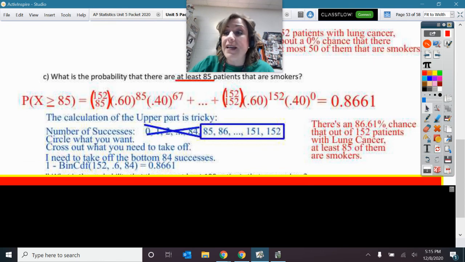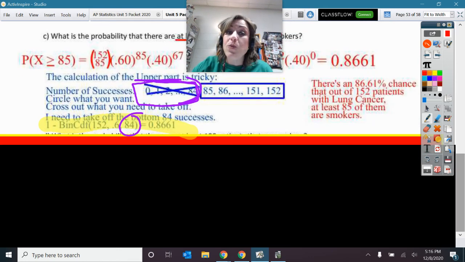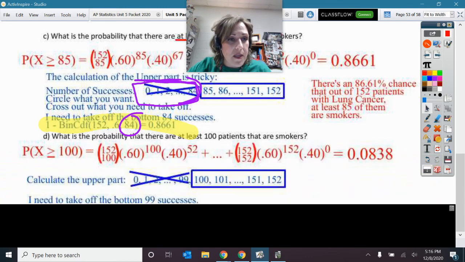Take off the 84 right here. Take off 84 and below. Do not take off the 85. Okay, so that's why it's important that you stop and think and make sure you get straight how much you're taking off. Okay, and then we'll finish this out.